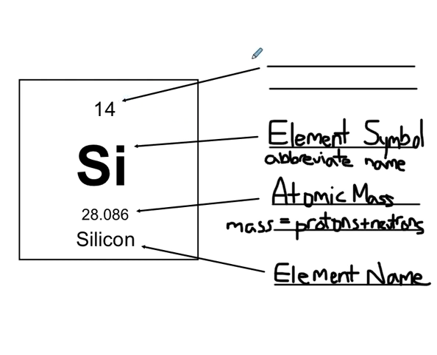Finally, this top part up here, this number is the atomic number. The atomic number is something we talked about the other day as well. The atomic number tells us how many protons are in this element or atom. So this is the number of protons.